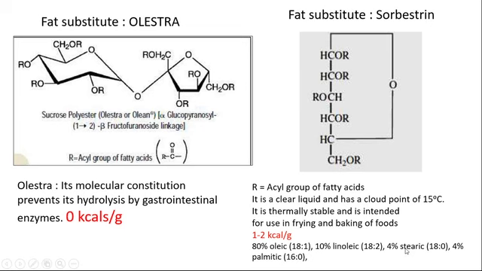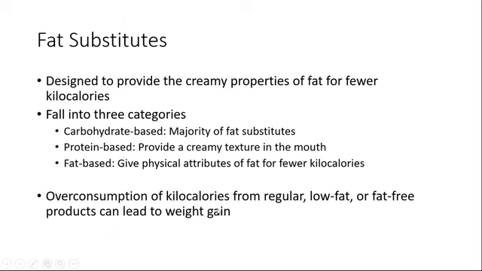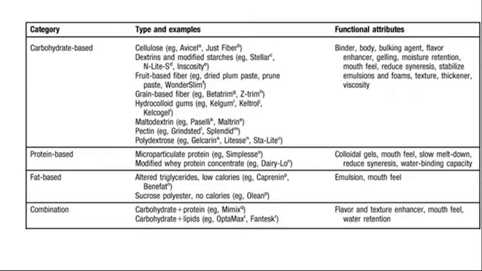These are all man-made, the fat substitute and the fat mimetic. So I just want to go back and tell you, the fat substitute base is either a carbohydrate, protein, or a fat, and you should have a fatty acid to give it the properties of a fat. But the fat mimetic need not contain or will not contain any fatty acid.